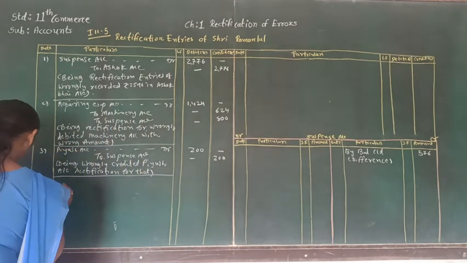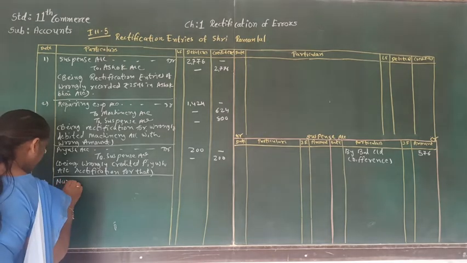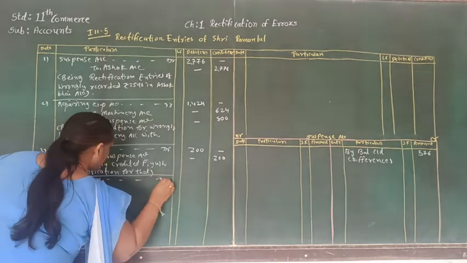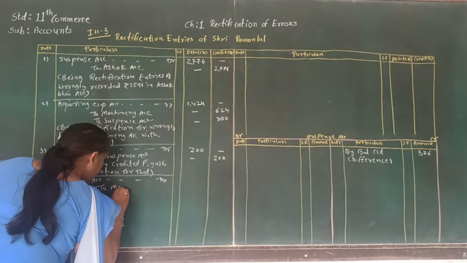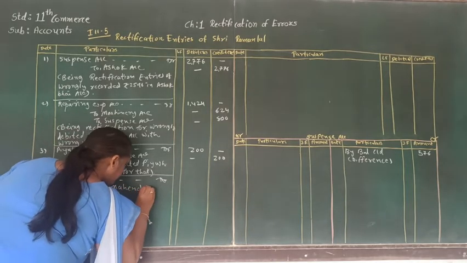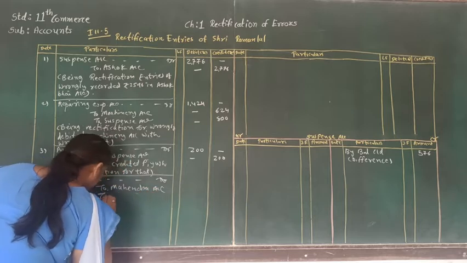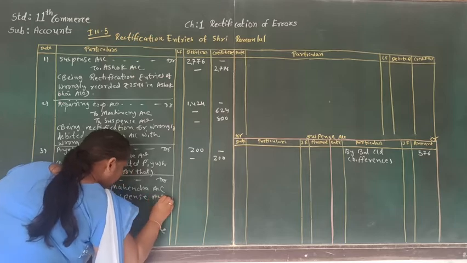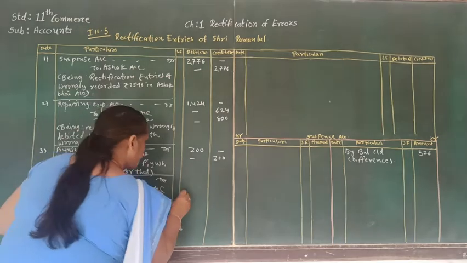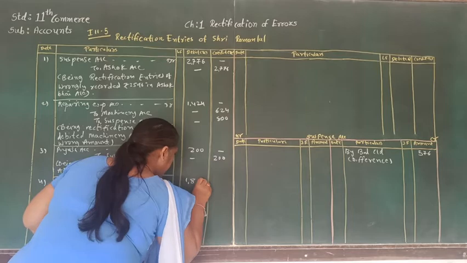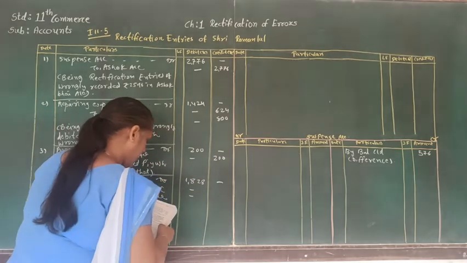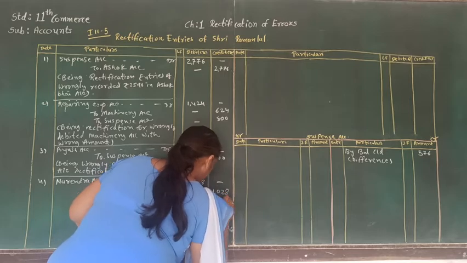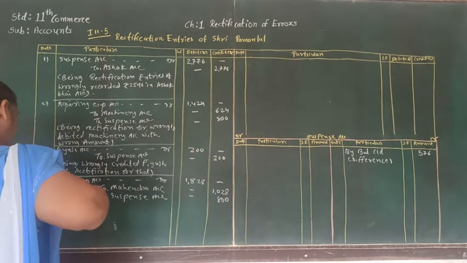So here Narendra account debit to Mahendra account, to suspense account. So here Narendra account is supposed to be debited by 1828. Mahendra account is credited by 1028 and the difference of 800 is taken to the suspense account.